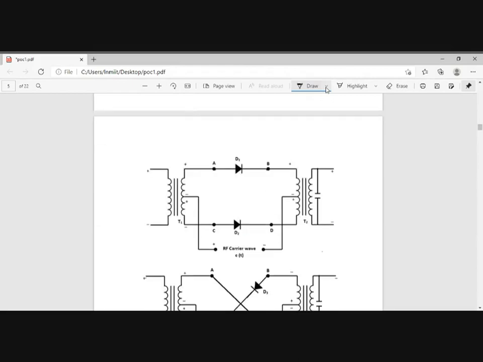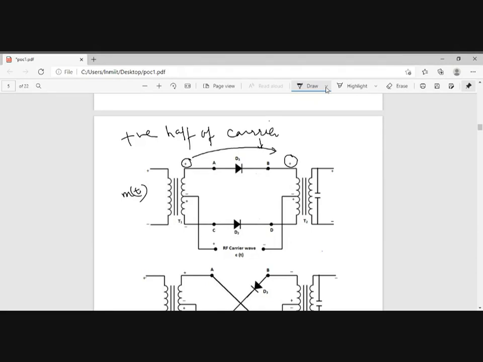So in the presence of the modulating signal m(t), in the positive half of the carrier, my structure will be like this. m(t) is applied here, m(t) is applied here, and you can see that the primary terminals of these two have the same polarity, because when you apply m(t), you will have the same polarity.